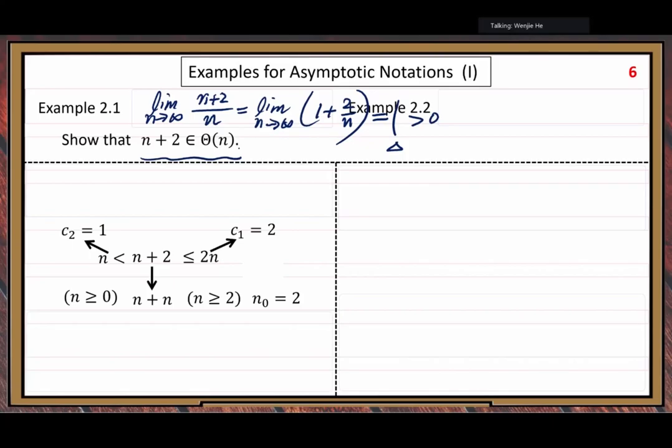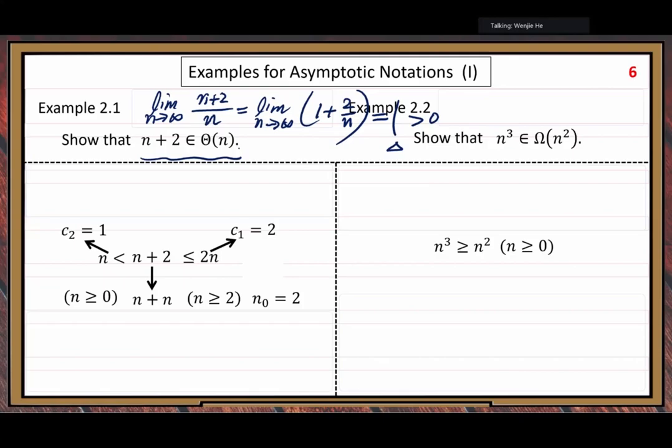Then the second example: show n cubed belongs to big omega of n squared. Big omega is a lower bound, a constant multiple times the g function n squared. We can see n cubed is greater than or equal to n squared for non-negative integers n. That's always true.